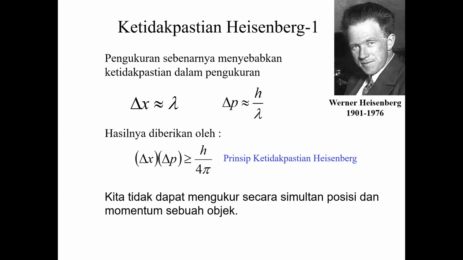We cannot have both. So in quantum mechanics, not all measurements can be done simultaneously. For example, if we want to measure the position, we have to sacrifice the momentum.